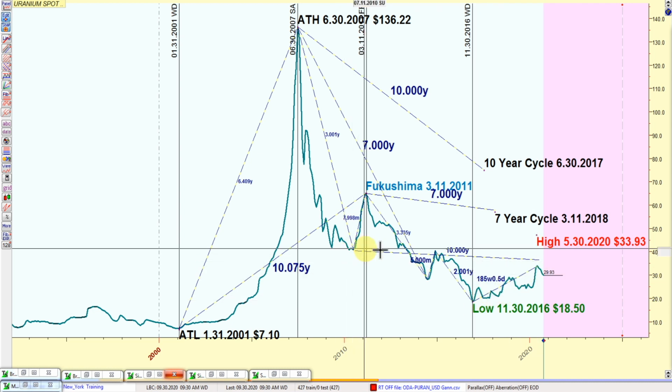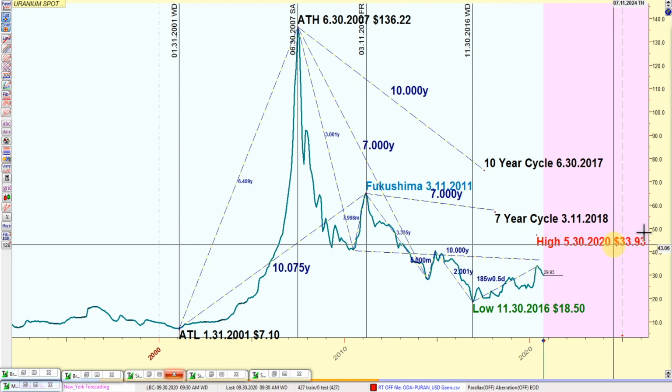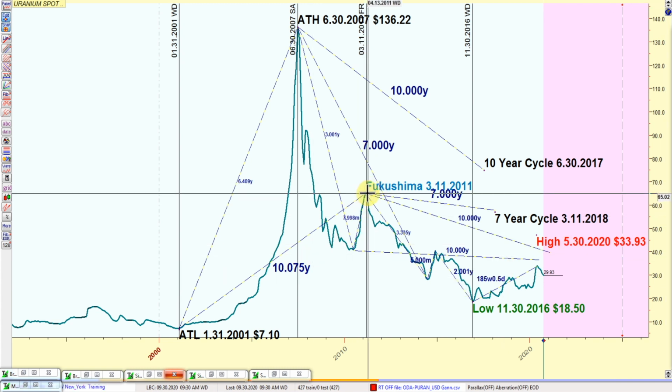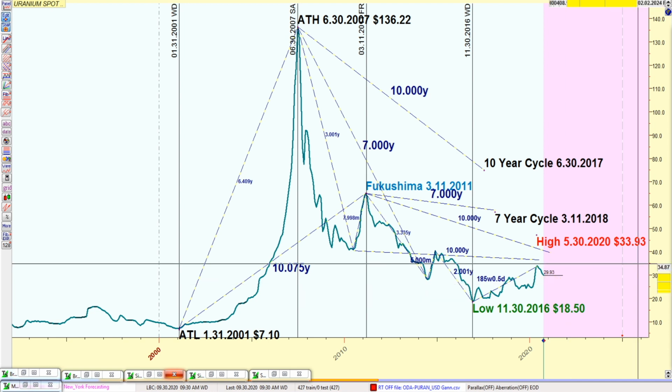We have a 10-year from this low to here. So it's like a cluster. Interesting. Let's continue. From this all-time high, 10-year ends up somewhere around January. Just call it January 2021. Right here.